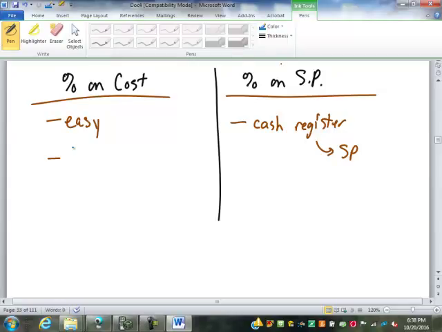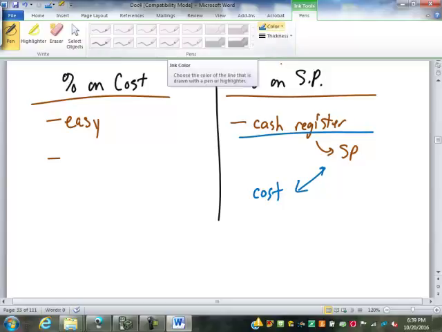But on the other side of that, if I'm doing my bookkeeping at the end of every day or the end of every period, it'd be nice to be able to just pull the information out of the cash register and then figure out what was the cost of that item from that selling price. So there are a lot of times in business where it is useful to be able to convert a percent markup on cost to a percent markup on selling price, or the other way around.